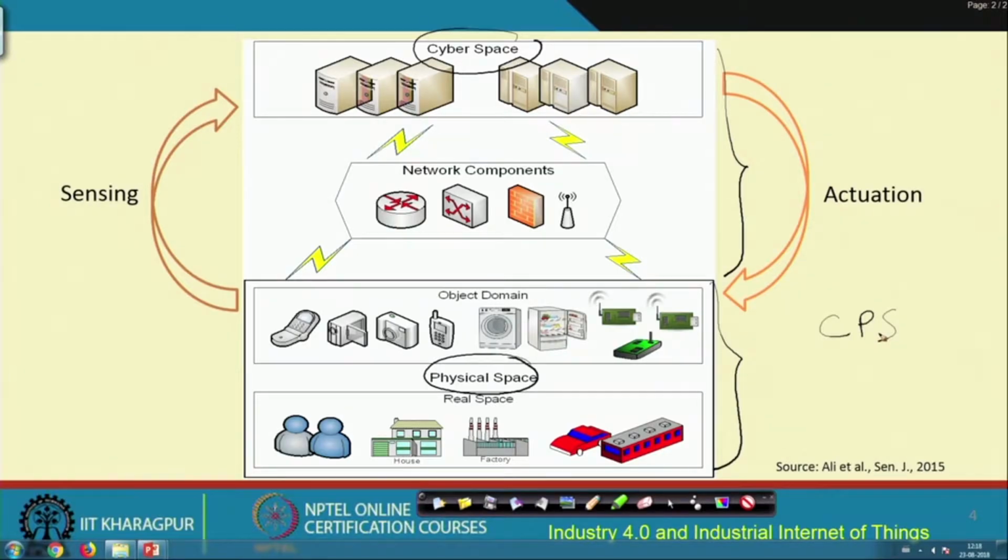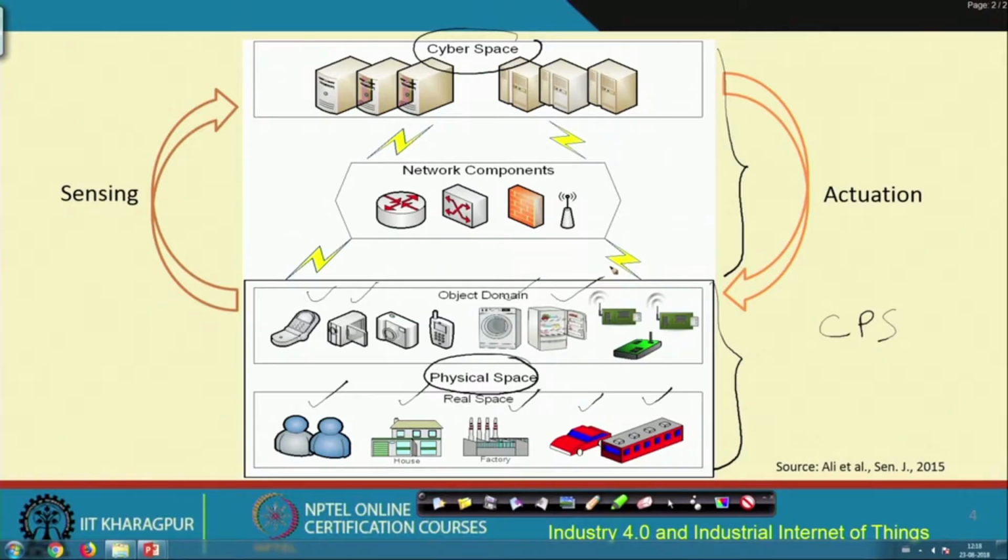So, what does the physical space have? In the physical space we are typically talking about different real objects like human beings, houses, factories, automobiles, buildings and so on, and different communication objects or household objects, or even objects in industries like cell phones, cameras, washing machines, refrigerators.